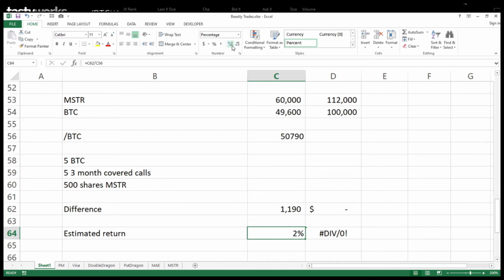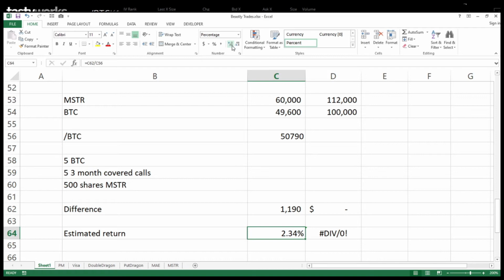So it's a little bit better. It's 2.34%, so 2.34% within a month. Also, because this particular Bitcoin future expires in June, at the time of this recording it's a little bit less than 1.5 months.